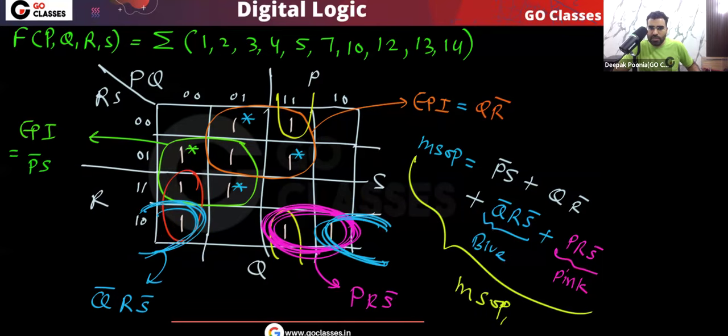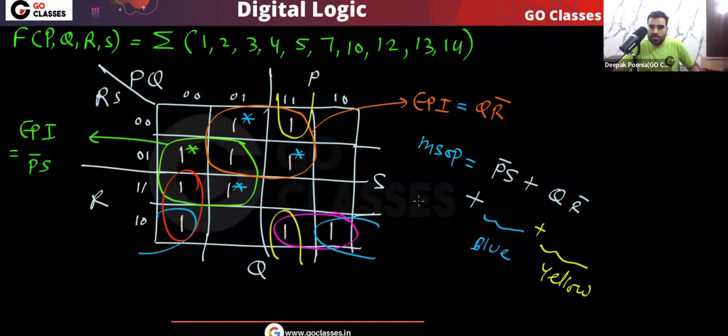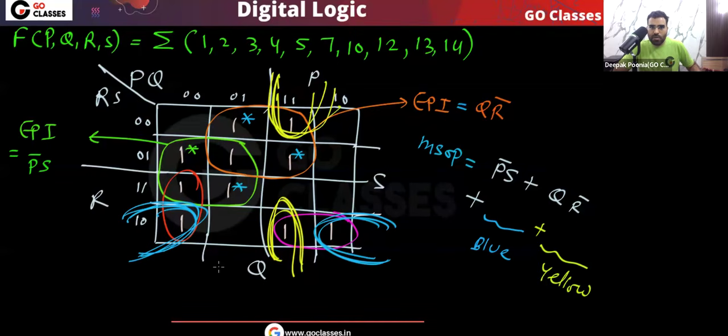And what about another minimal SOP? This blue, yellow, if I take, then that will be another. So you can see this blue and this yellow. This blue is in the area of Q bar, R, S bar.